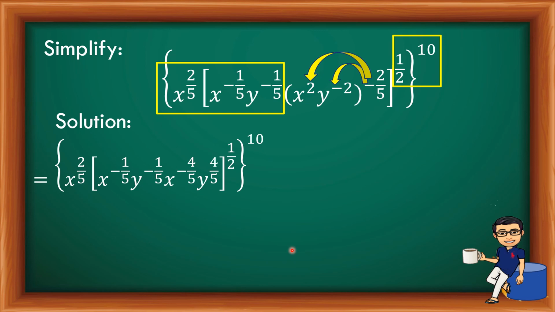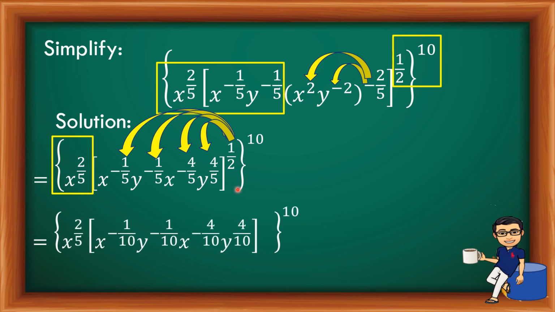Then after that, we will be working with the bracket. So this symbol, the bracket. What's inside it will be distributed to the 1/2. Okay, so we copy first the x raised to 2/5. Then we will multiply it one at a time. That symbol represents that we are about to multiply.